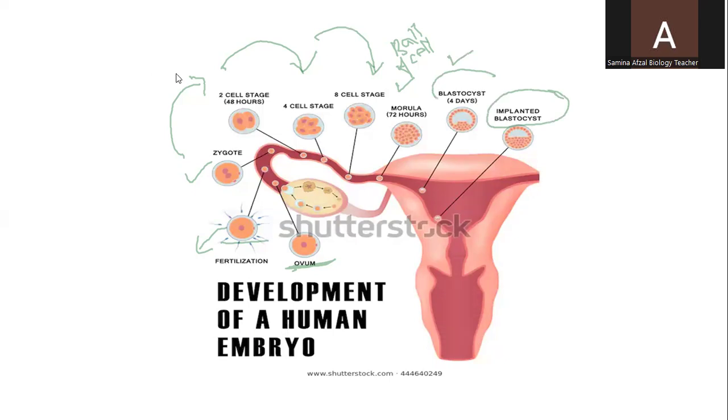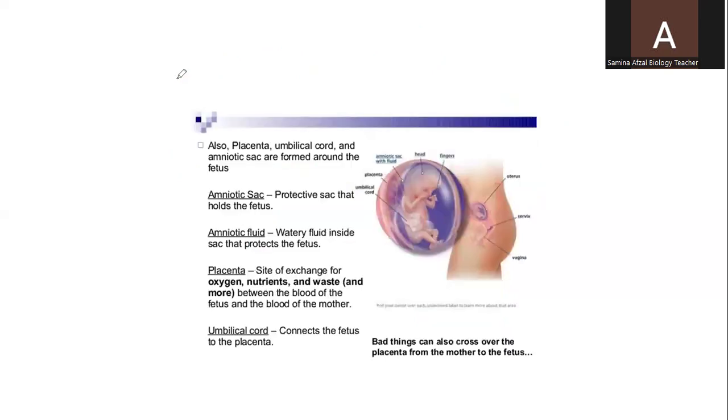Then different other changes will take place when the embryo is implanted. At that time, the placenta, umbilical cord, and amniotic sac are formed around the fetus. The amniotic sac is a protective sac that holds the fetus, and the amniotic fluid, a watery fluid inside the sac, protects the fetus.